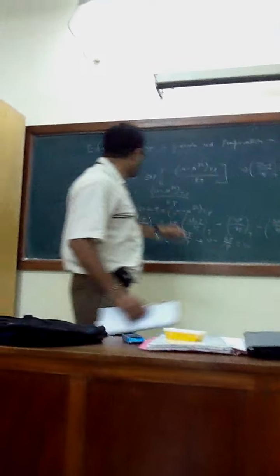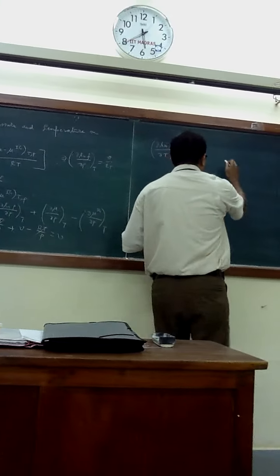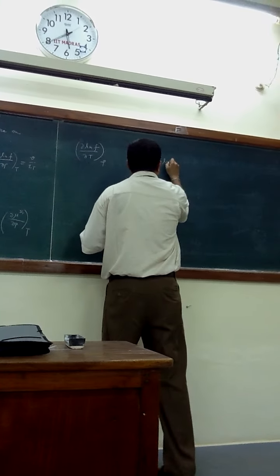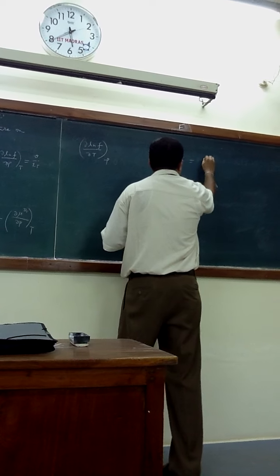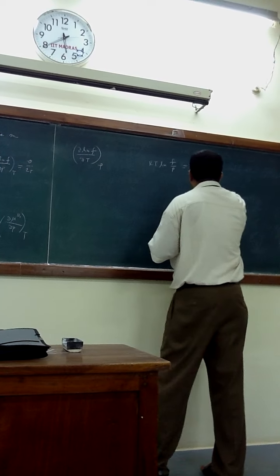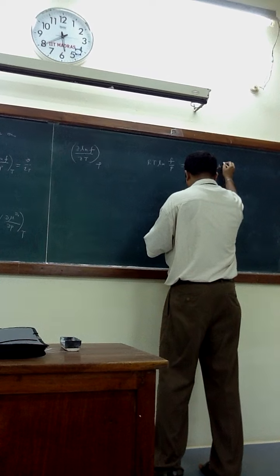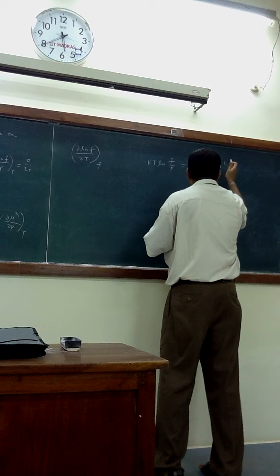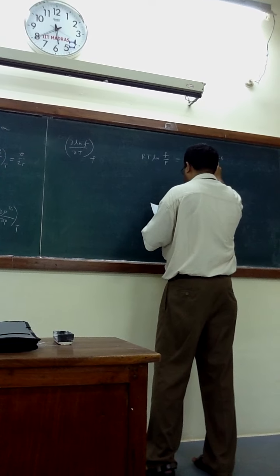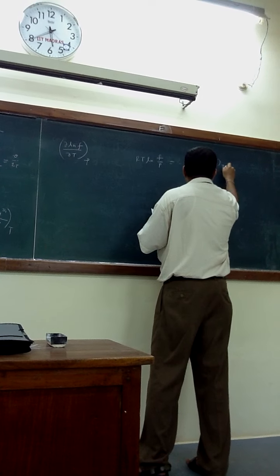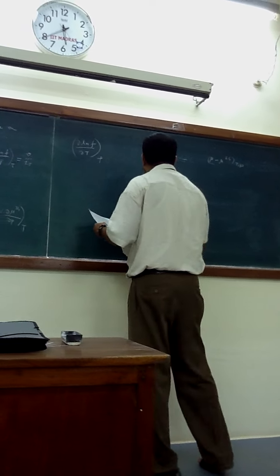How to proceed? Take the same expression. F by P is the exponential of (mu minus mu Ig) by RT.